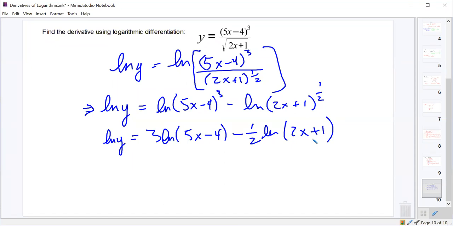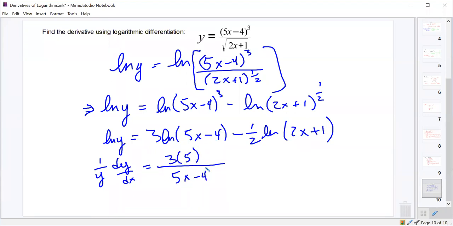All right, cool. So now we can take the derivative of both sides. So natural log y becomes 1 over y dy dx. And then 3 natural log of 5x minus 4 becomes 3 times 1 over 5x minus 4 times the derivative of 5x minus 4.